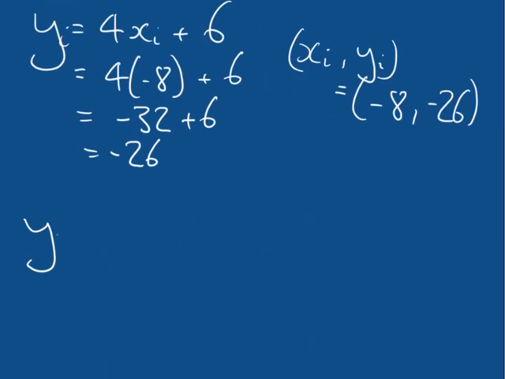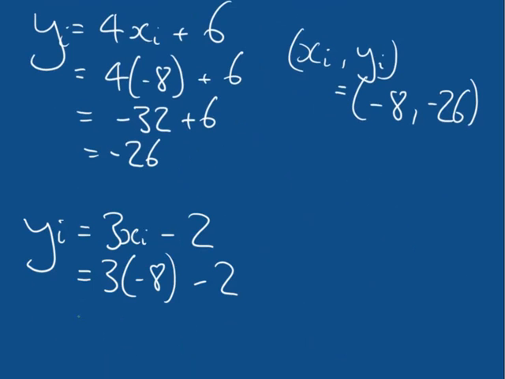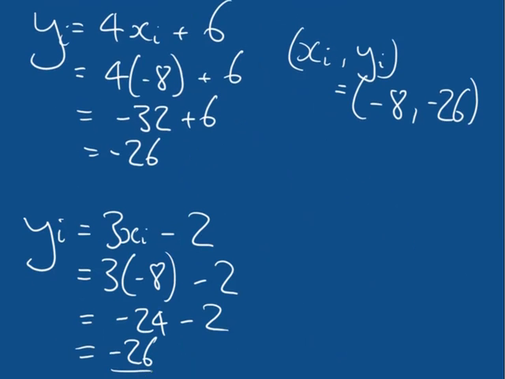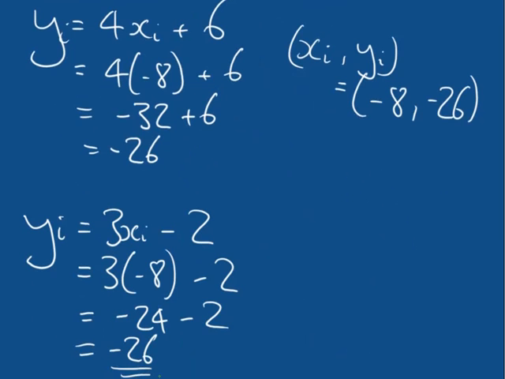So yi is going to be equal to 3xi minus 2, which is equal to 3 times minus 8 minus 2, which is equal to minus 24 minus 2, which again is equal to minus 26. So both of these equations, given the point with xi equal to minus 8, are both giving us yi equal to minus 26, which means this is the point in which both of those lines intersect.